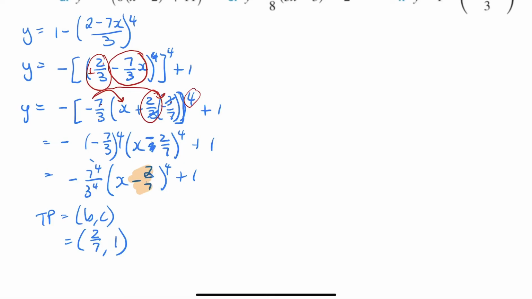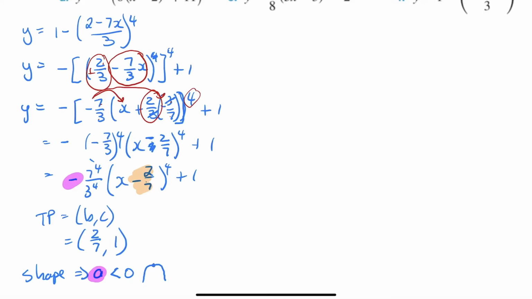I also know the shape, because we're looking at the value of a. The shape of a is going to be negative, a is less than 0, which means it's going to be upside down, so it's going to look like that.